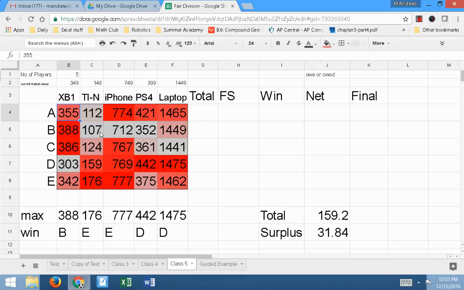It's very helpful because I know, based off of how I set up this sheet, that the numbers in gray are my low bids, and so the numbers that I'm looking for are the ones that are the brilliant red.